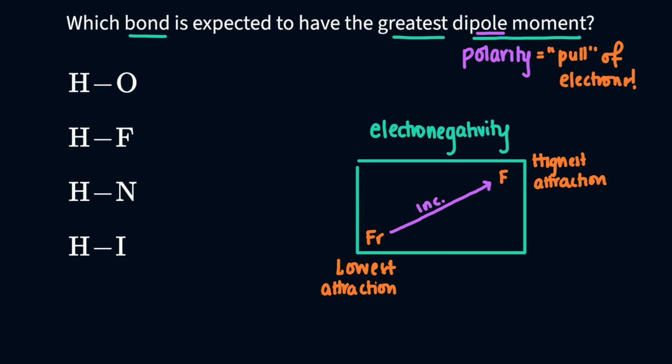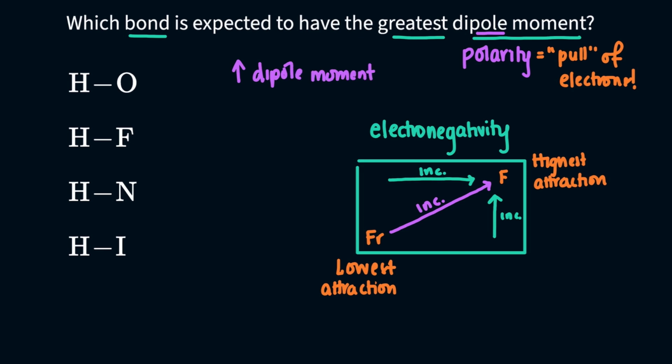So if you wanted to know it via periods and groups, as you go from left to right, you will increase. And as you go from down to up, as you reach that fluorine, you will also increase in electronegativity, aka increasing your attractiveness for electrons in a chemical bond. So if we want the greatest dipole moment, we want high dipole moments.